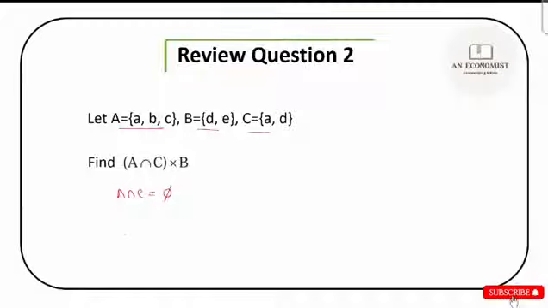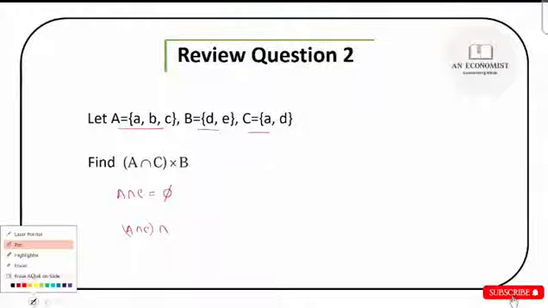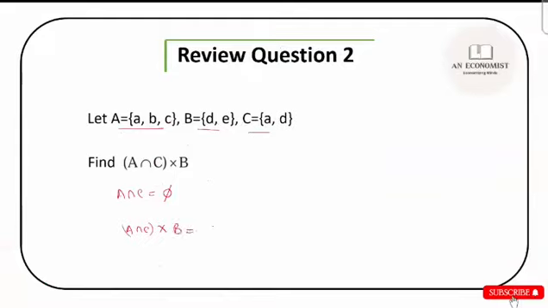And we have just discussed, if you are trying to take the Cartesian product of this with B, which is nothing but phi, if either of these sets are null, then the entire Cartesian product will turn out to be null.